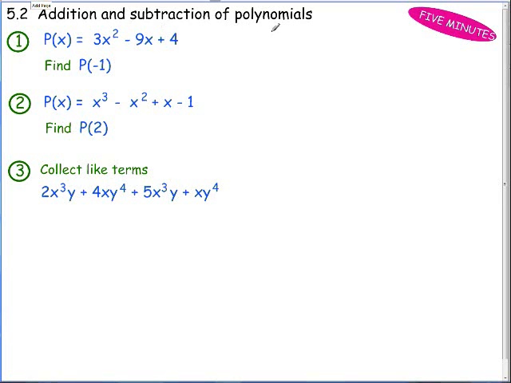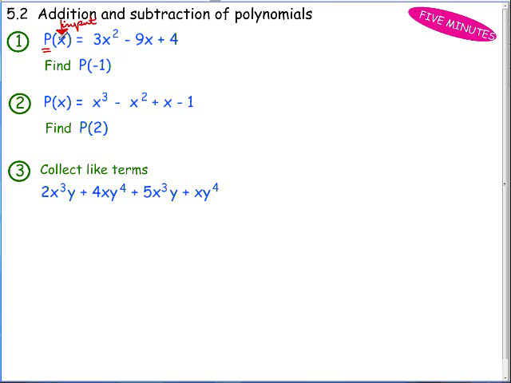Addition and subtraction of polynomials. Here's our little 5-minute review. We have a polynomial with an input. Remember, this is not multiplication. This is just the name of our polynomial, which is p, and its input, which in this rendition of it is x.